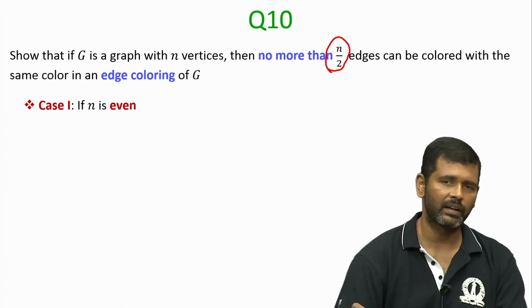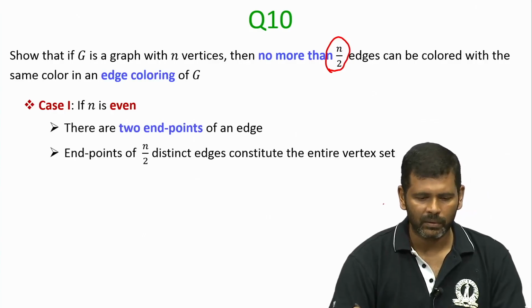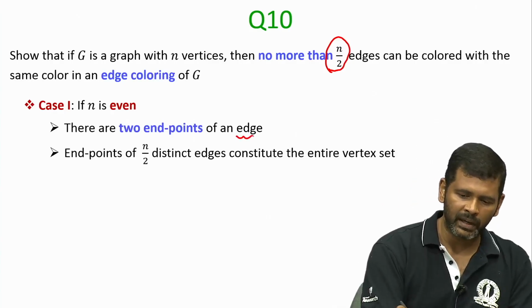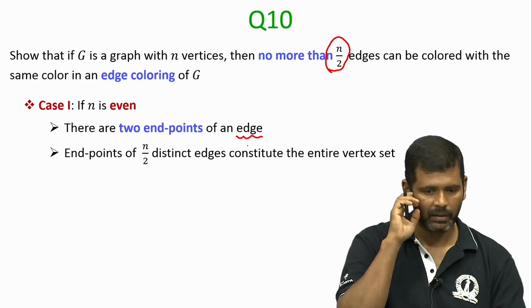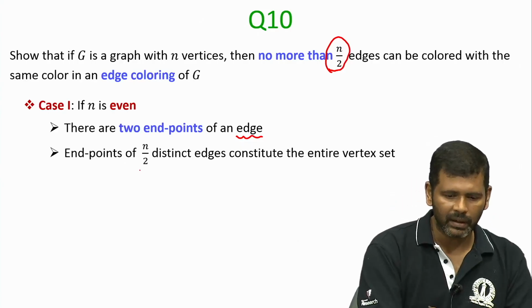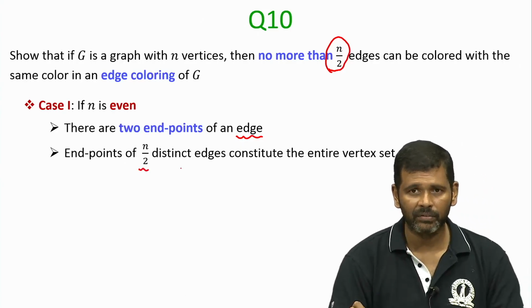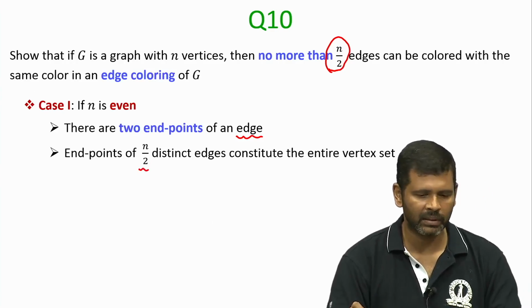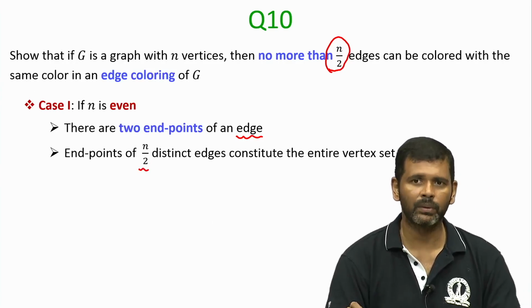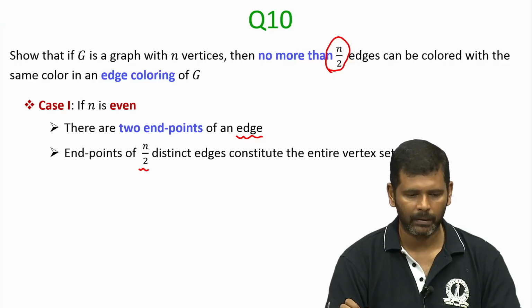So, let us take the case where n is even. So, remember each edge has 2 endpoints. That means, if I consider n by 2 distinct edges of the graph, and if I focus on their endpoints, that will constitute the entire vertex set, right.